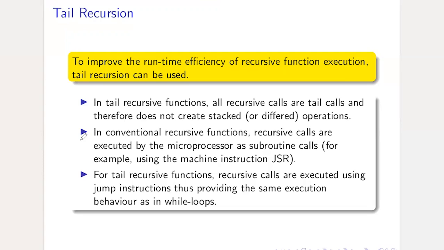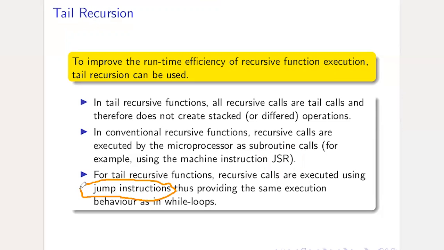The tail recursion would allow the execution of these subroutines not using a JSR, but what are called jump instructions. Normally the mnemonic is JMP, jump, or depending on the microprocessor, it will change.